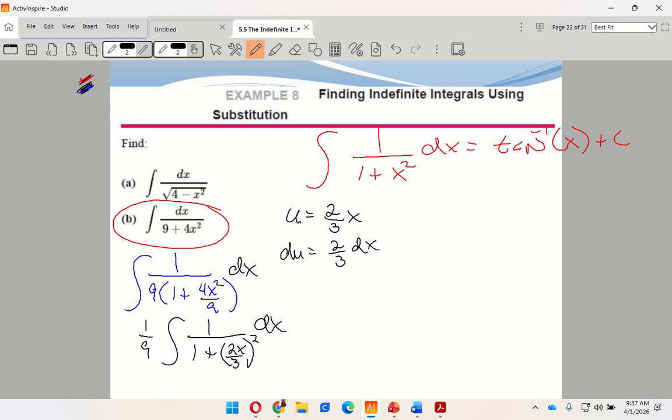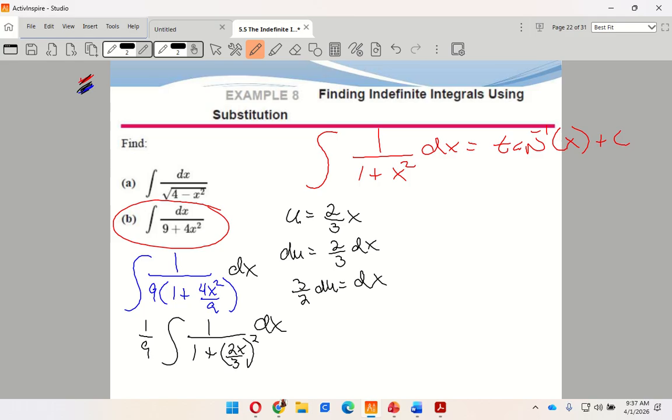So this would be 3 over 2 du is equal to dx. Okay, so now the dx is taken care of. And that 2 over 3, or I'm sorry, 3 over 2 could also come out front, right? So all that can come out front.